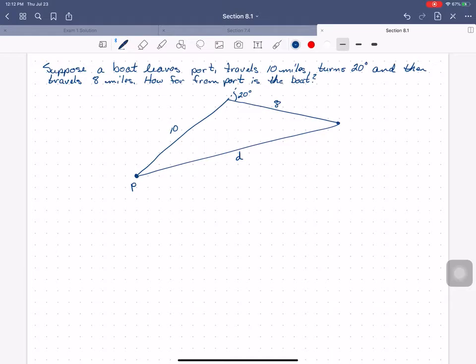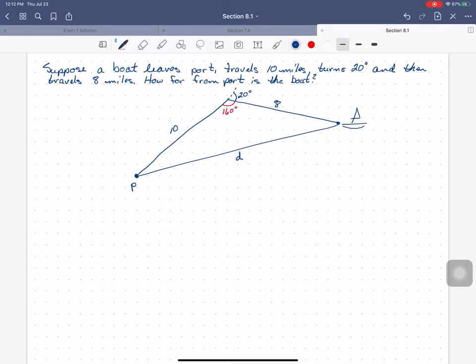My sailboat's out here doing its thing. So, how do I figure this out? Well, the first thing I need is that internal angle. That internal angle is 180 minus that 20, which gives me 160 degrees here.